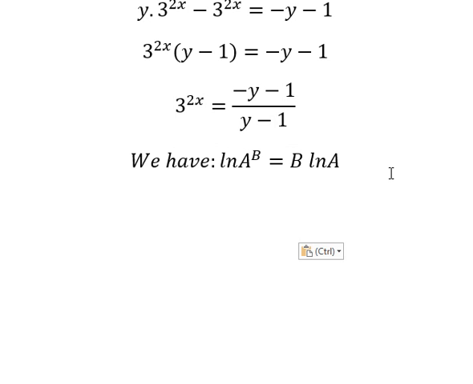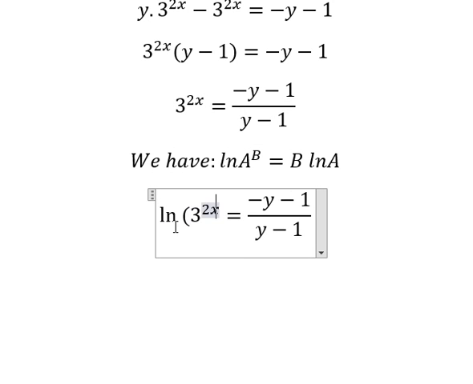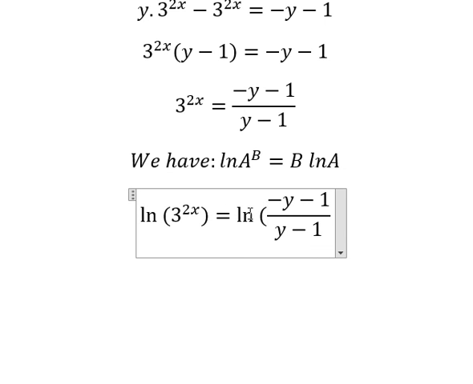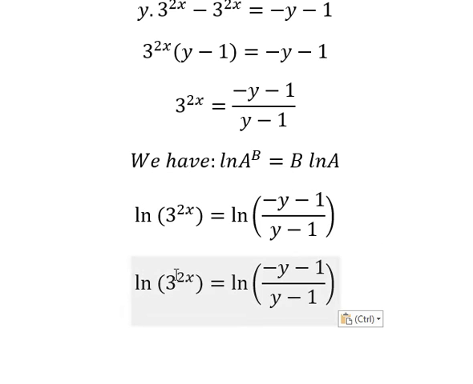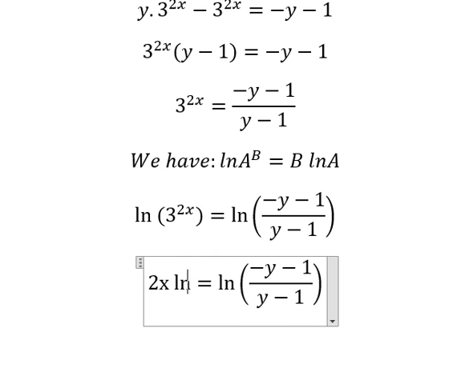So I need to put natural log for both sides. So we know that ln of a to the power of b is b ln a. So we can transform into like this.